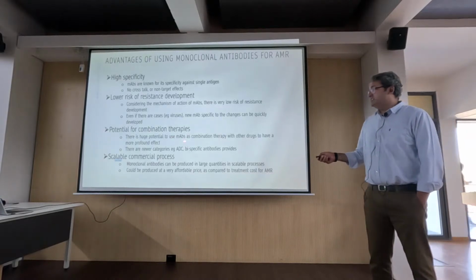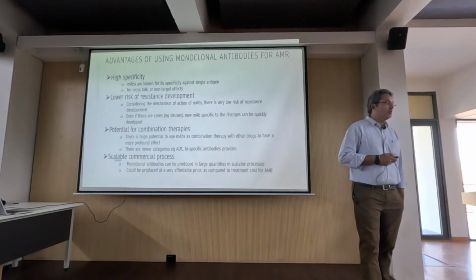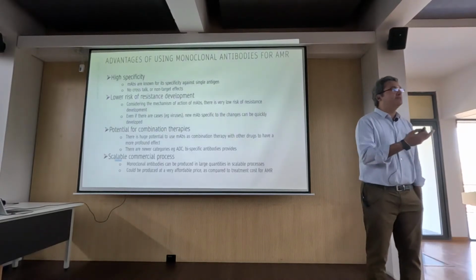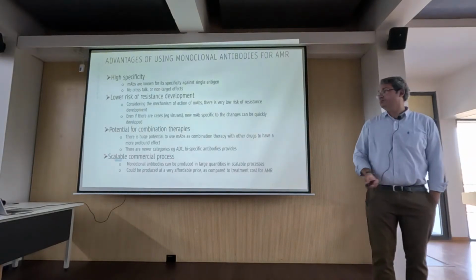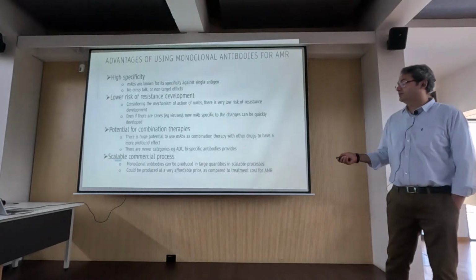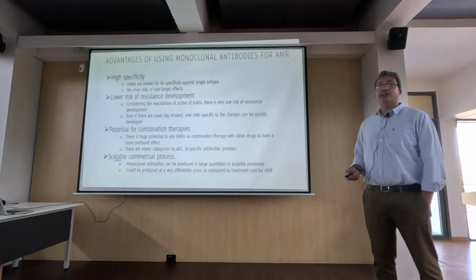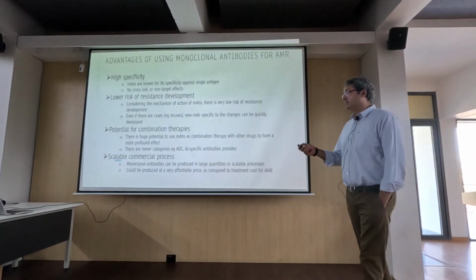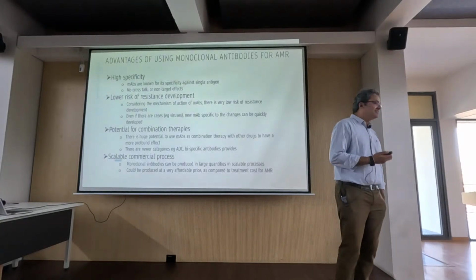Then one potential area where mAbs can be used is combination therapy. Now we know normal antibiotics may not be that effective, but if we combine them with certain monoclonal antibodies, the treatment would be even more effective. So this is one area where a lot of research is going on, and there are some significant developments in this area. Another thing is, looking at the numbers of cases that we are seeing now, we need a technology that is scalable.